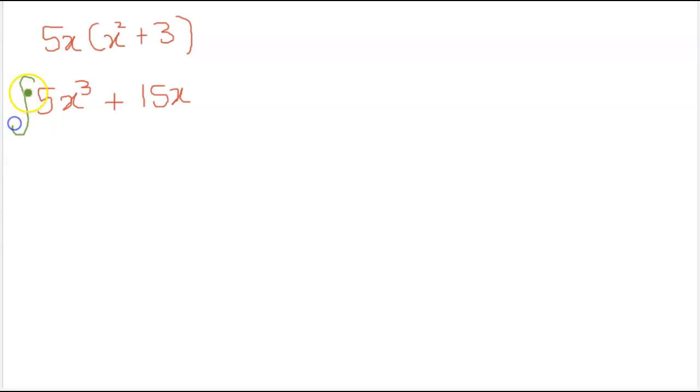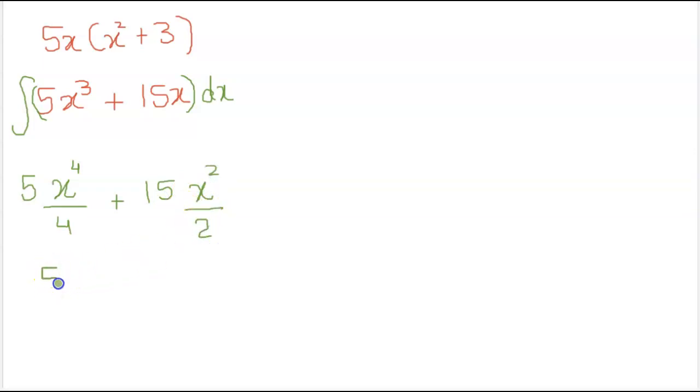So now you're going to integrate. Once you integrate the 5x cube, the 5 stays outside and that becomes x to the 4 over 4. Plus 15 stays outside, and that becomes x, 1 plus 1 is 2, x square over 2.